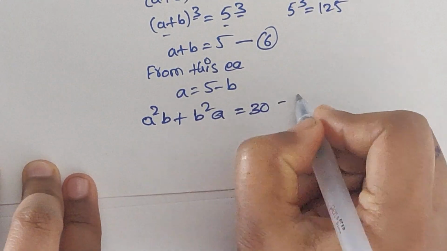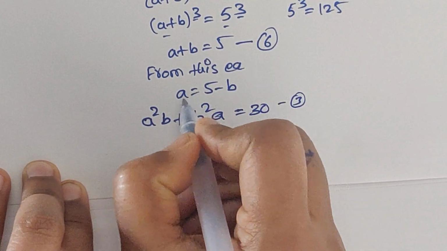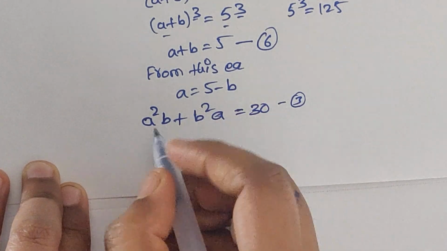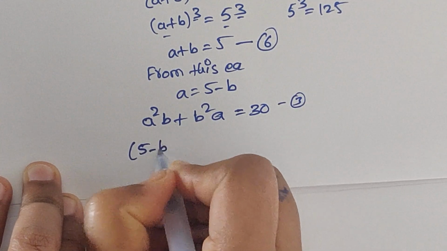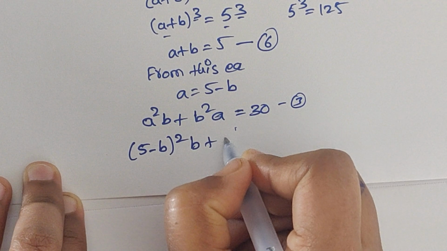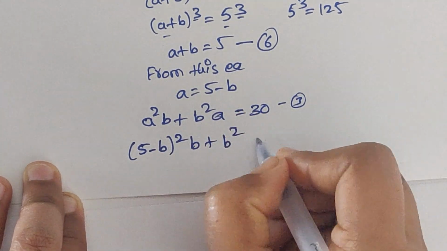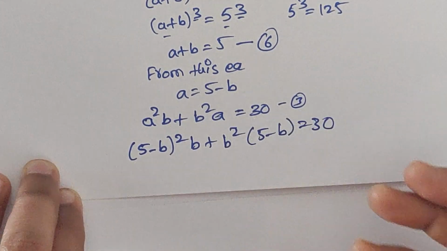So this is third equation. So just substitute this value in this equation. So 5 minus b whole square times b plus b square, a value is 5 minus b equal 30.